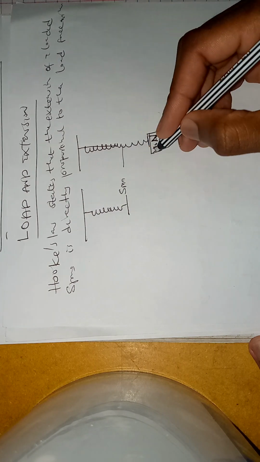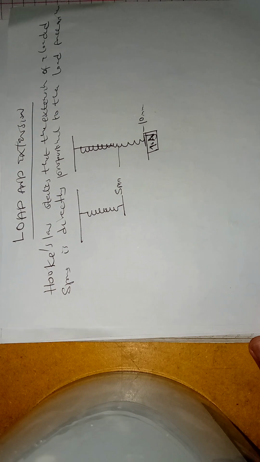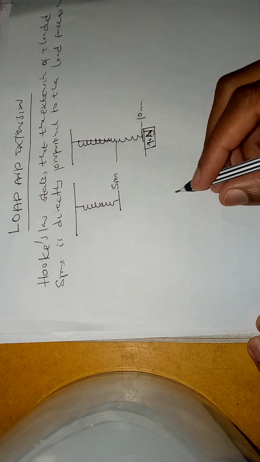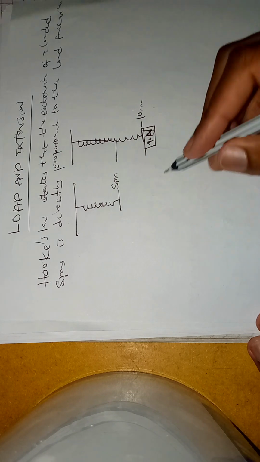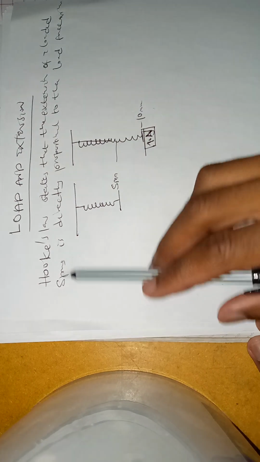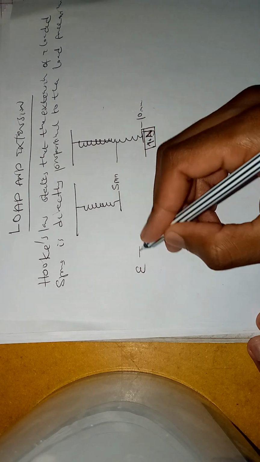It extends from 5 to 10 millimeter. So now, what things are we supposed to know? Hooke's law states that the extension of a loaded spring is directly proportional to the load force.